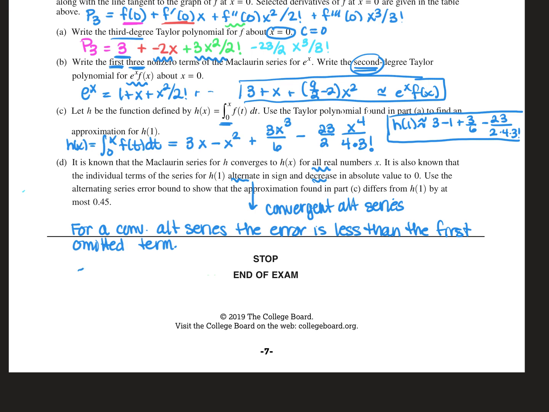Okay, so we know the error is going to be less than that first omitted term, which would have been the 4th degree term. So we know it's less than the absolute value of that first omitted term. So we've got to figure out exactly what that first omitted term is.